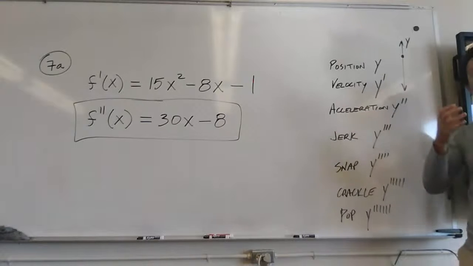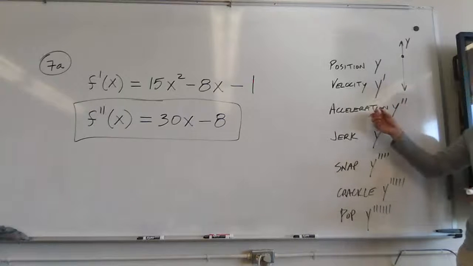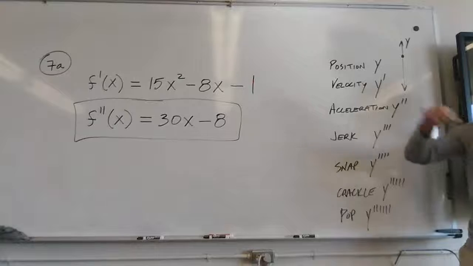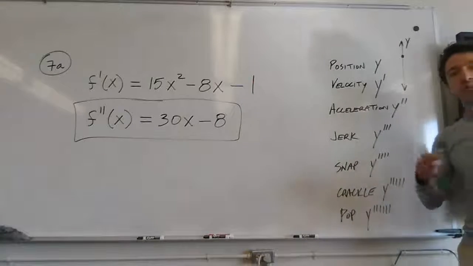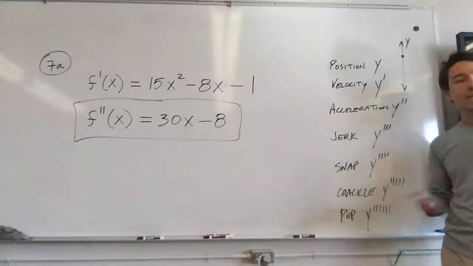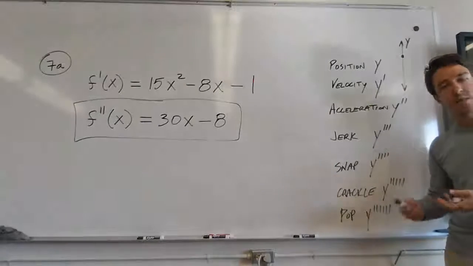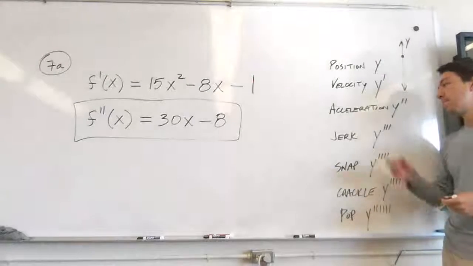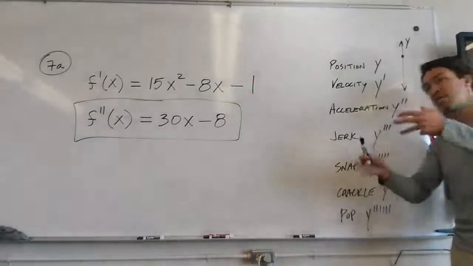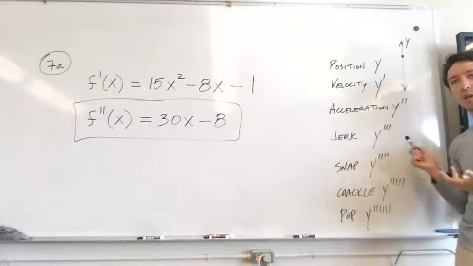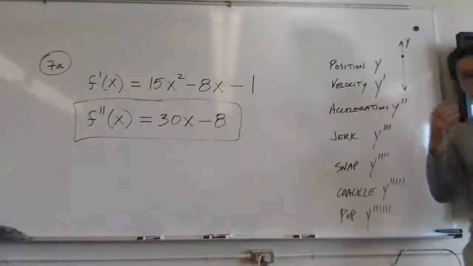When you're dropped, you're experiencing a constant acceleration. If you drop something, the whole time you're falling you're speeding up, gaining 9.8 meters per second of speed every second. That's constant acceleration. Now, if that acceleration itself is changing as you move, that's jerk. And so you can sense that.